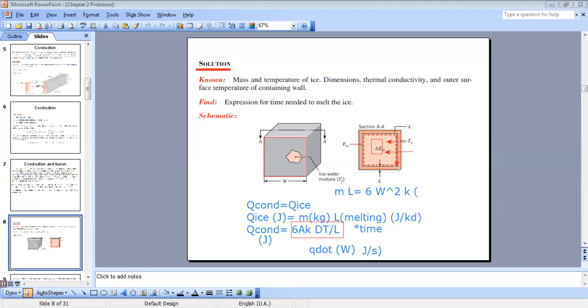So the temperature on the inner side of your cubicle chamber is equal to 0 degrees, and the outer temperature is 30. So delta T from hot to cold is 30 minus 0 over the thickness of the wall L. And we don't forget to multiply by the time.